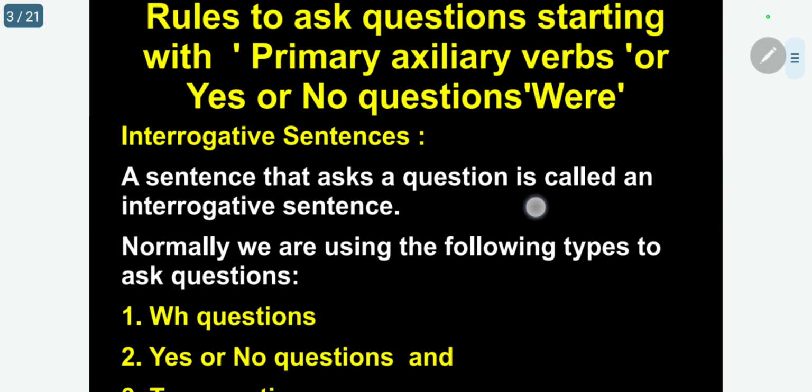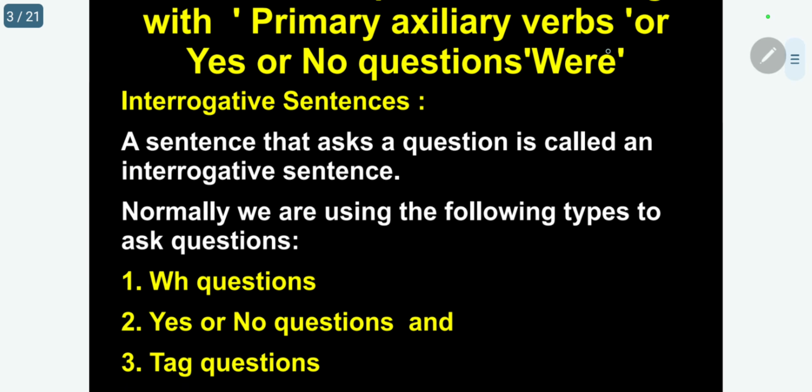Now, I want to give some information. Normally, for spoken English, if you want to raise questions or reply to questions, we must know how to form simple sentences, then how to raise questions. Sentences can be classified in a number of ways.